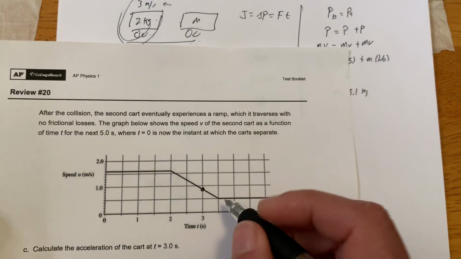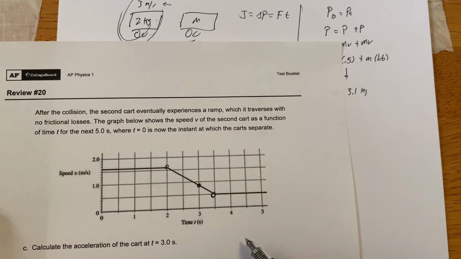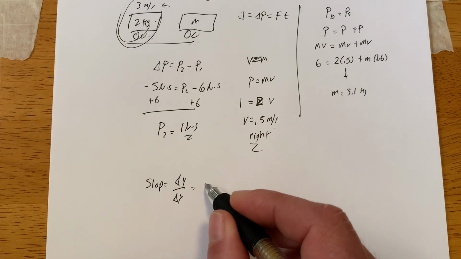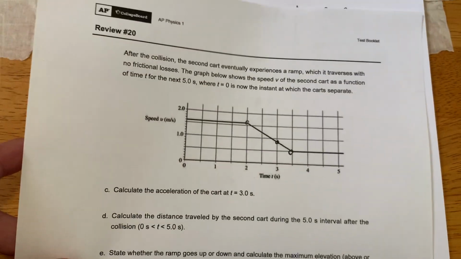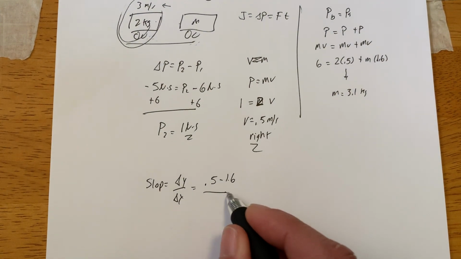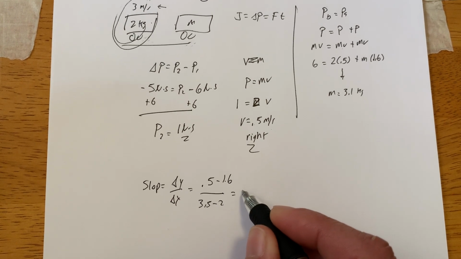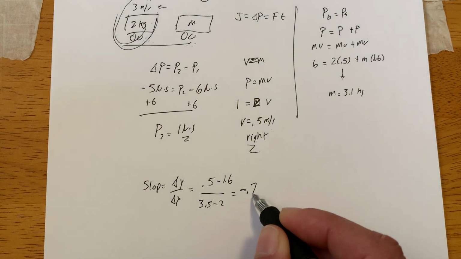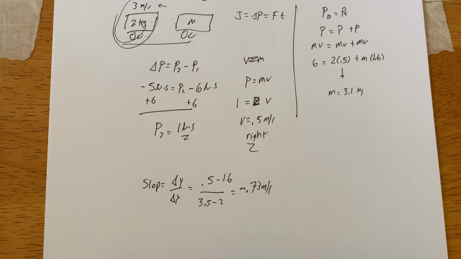So change in y, what do I have? 0.5 minus 1.6, over what time? 3.5 minus 2. And I got something like minus 0.73 meters per second squared. So that is the acceleration of the cart as it goes up the ramp.